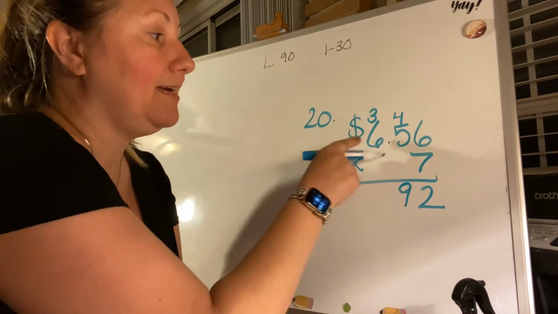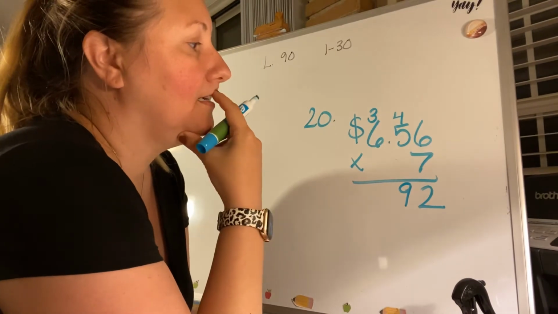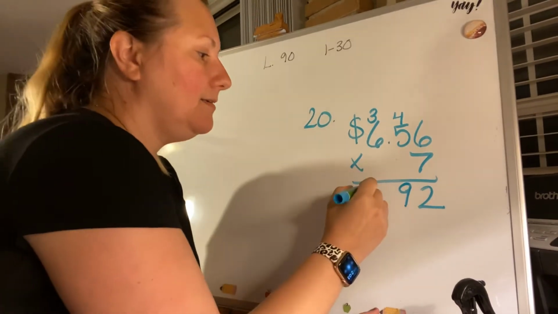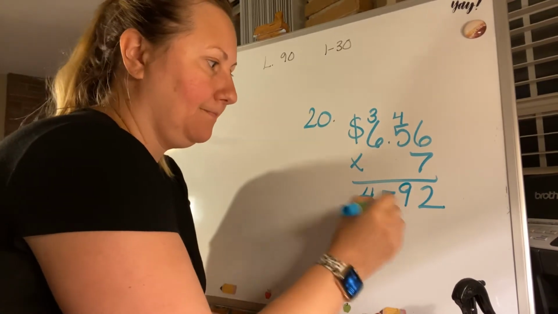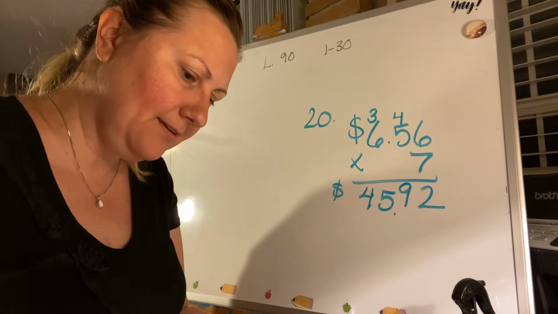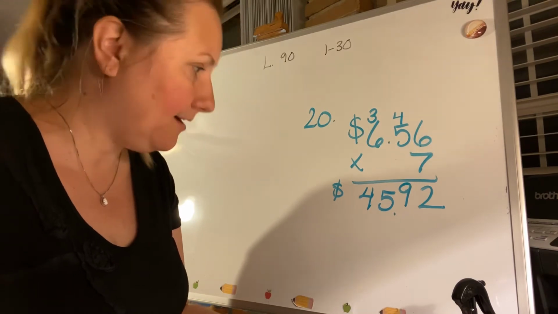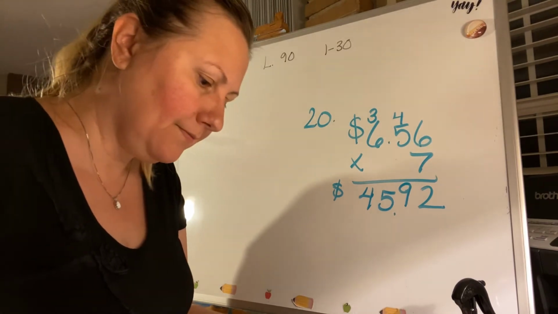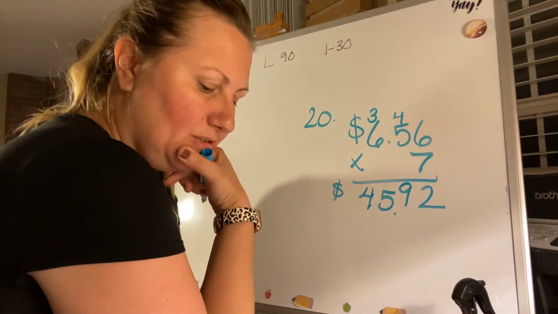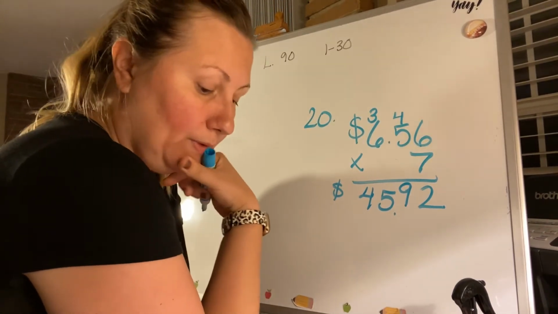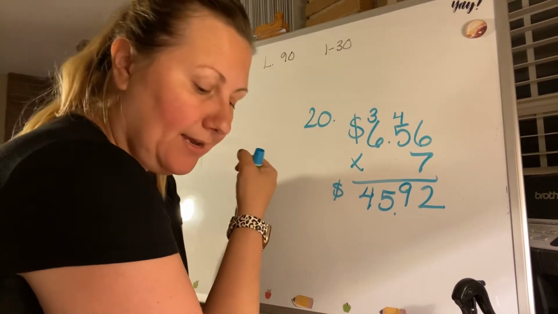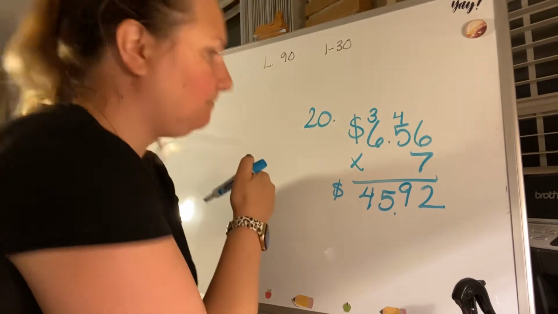I know 7 times 6 is 42 plus 3 is 45. And there you go. Put your decimal point and your dollar sign, and we should have $45.92, which would be true if I had written the right numbers.